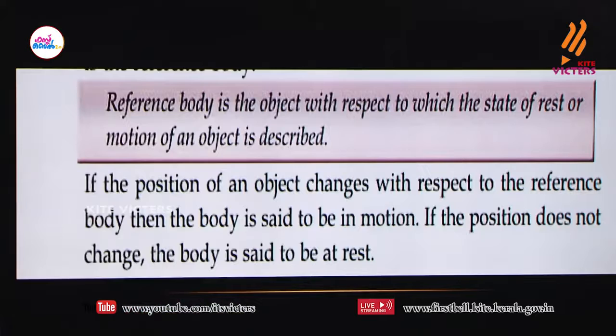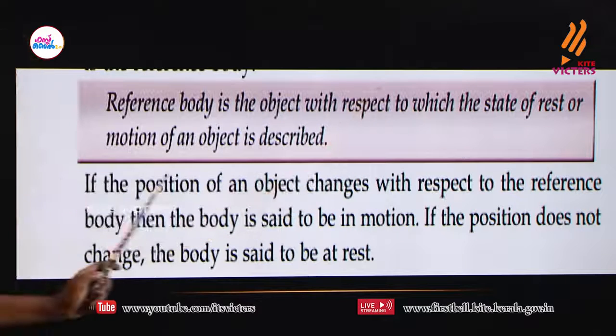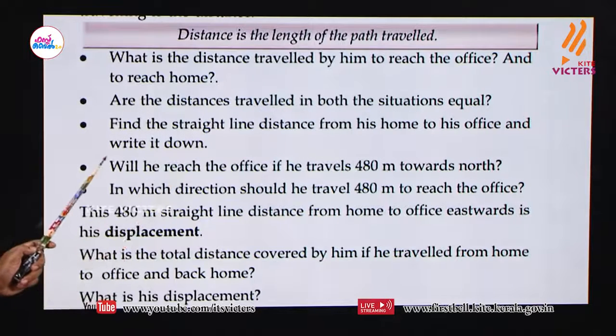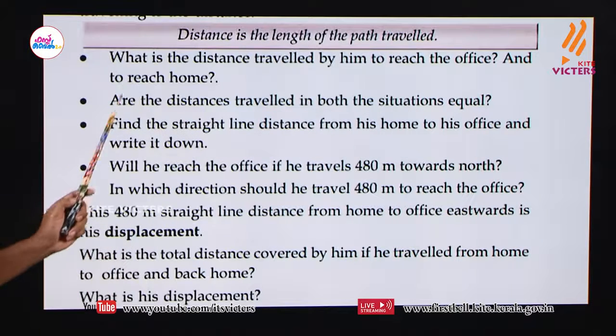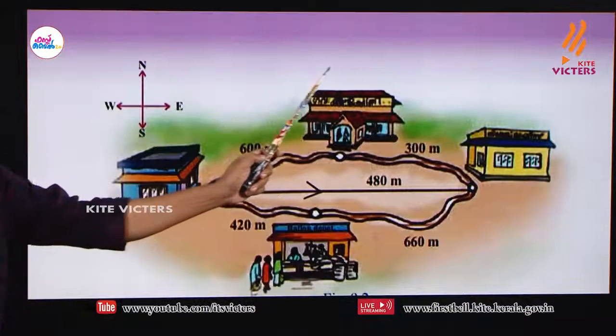Okay. Let us have a brief recap of the major concepts. First, what is reference body? Reference body is the object with respect to which the state of rest or motion of an object is described. Now, what is distance? Distance is the length of the path travelled.